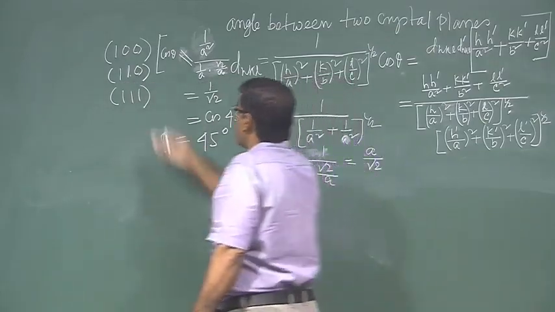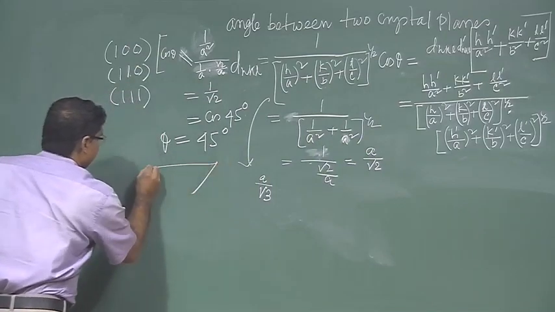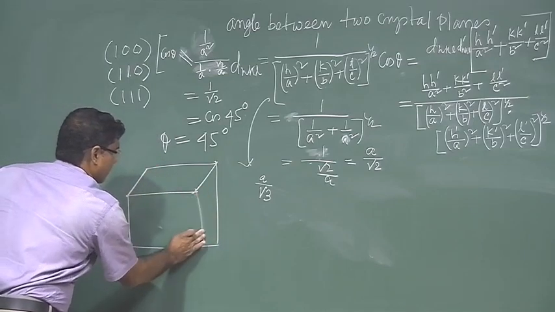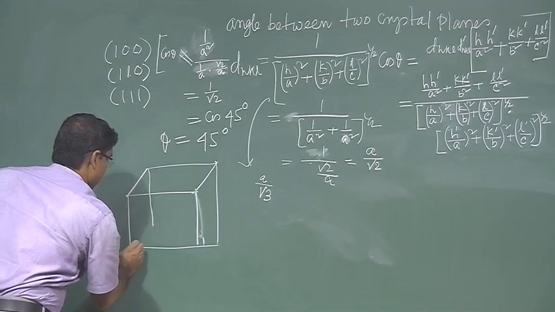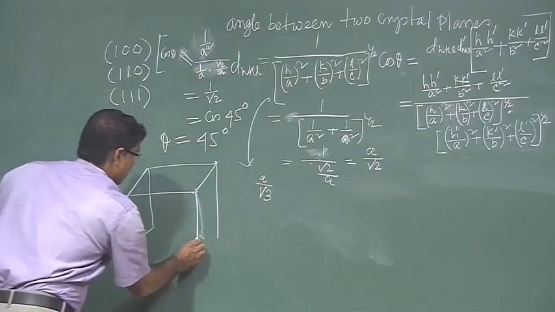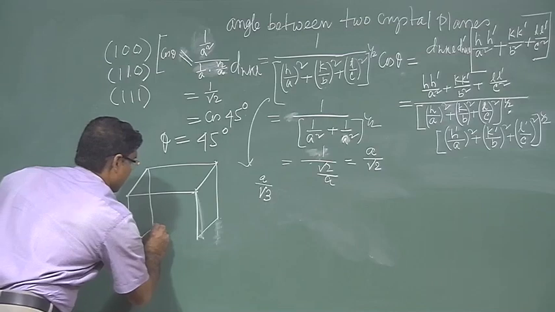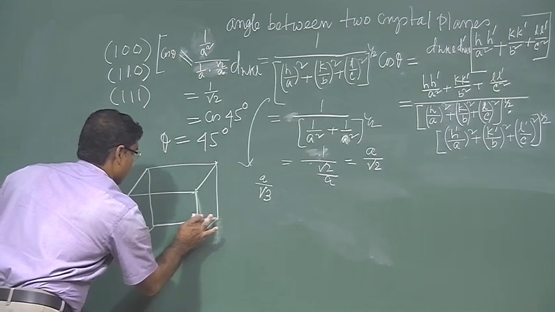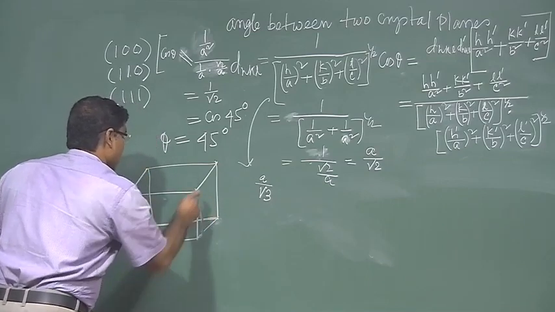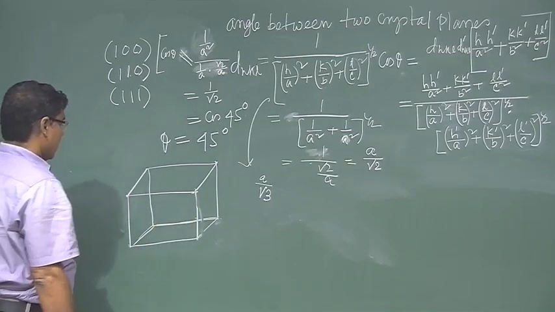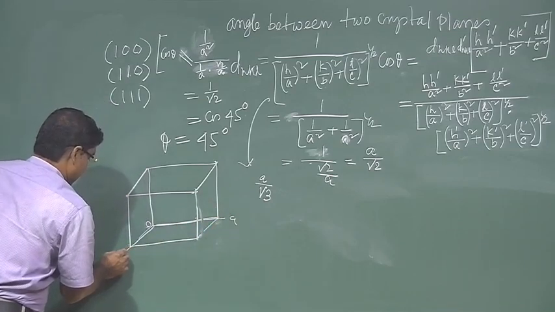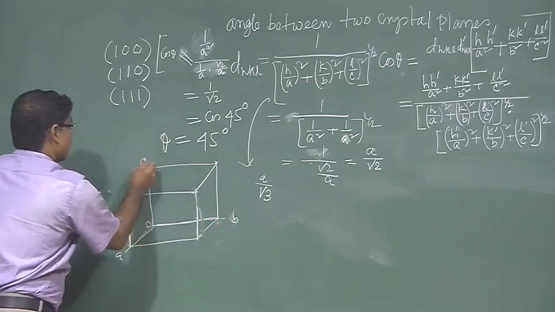So, if you draw the 1 1 0 plane, if you take this the origin, and that is the a axis, this is the b axis and this is the c axis.